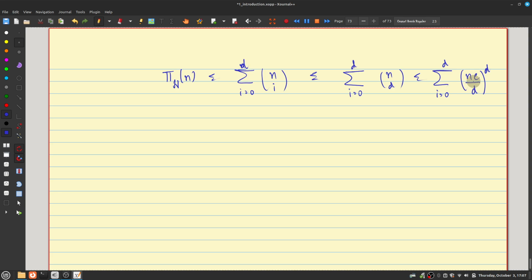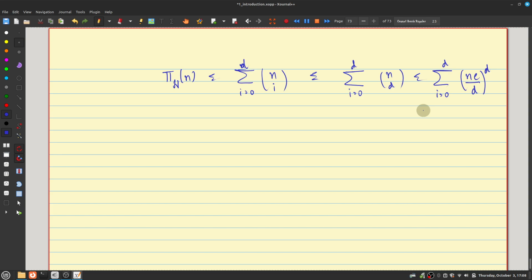A much simpler bound on the binomial. Just look at n times n minus 1, and so on. You expand it out, and then you'll see that you can simplify that as n e by d whole raised to the d. But yeah, Stirling's approximation is something else you can use.